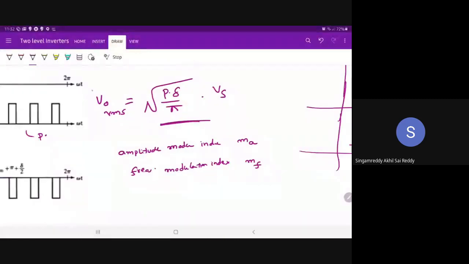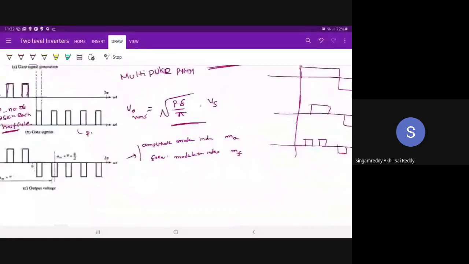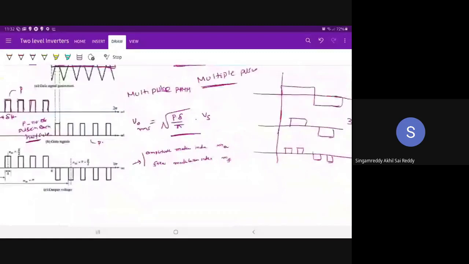These two are the figures of merit. MA is responsible for controlling the output voltage magnitude, whereas MF can control the harmonic spectrum, the harmonics in the waveform.